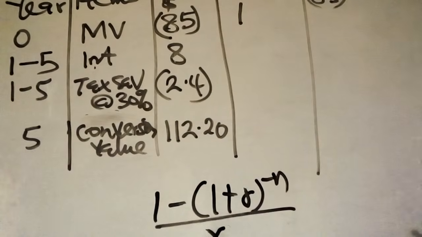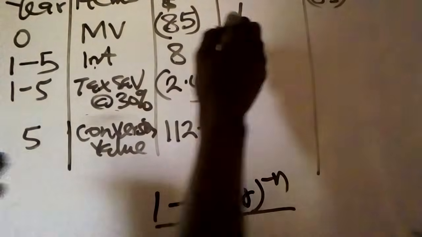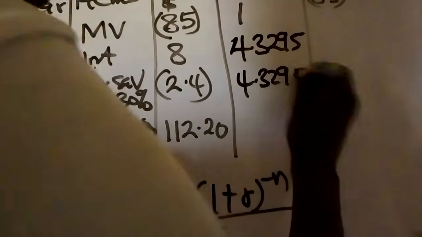Now, r is 5%. So let's calculate it: 1 minus 1.05 raised to power minus 5, divided by 0.05. Then you have 4.3295.